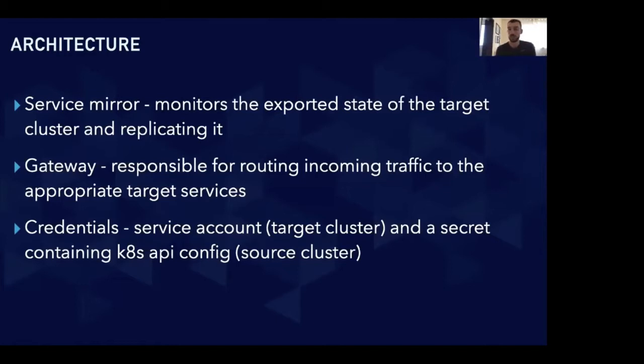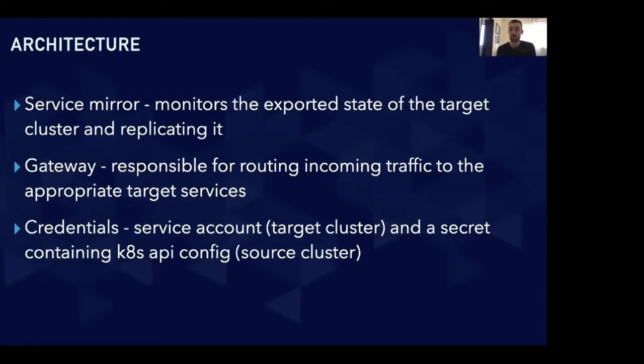Then we have the gateway component, which usually lives on the target cluster and is responsible for routing requests that come in, effectively taking requests on one port and routing them to the correct internal service. And then you have credentials, and these credentials consist of two pieces.